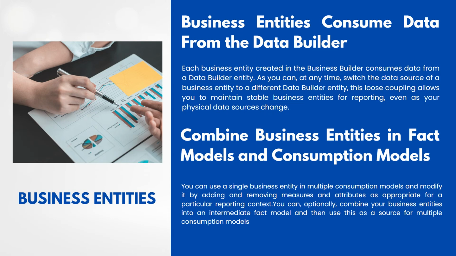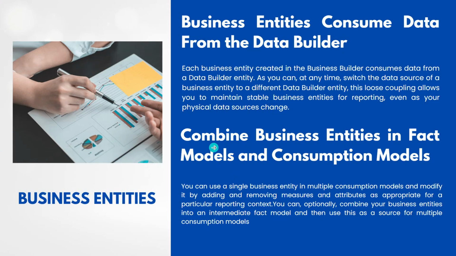Even if your physical data source changes, for example, by adding some fields in the model in the data builder, the models which are consuming it in the business layer won't become inactive or break, as long as they remain in an executable format.